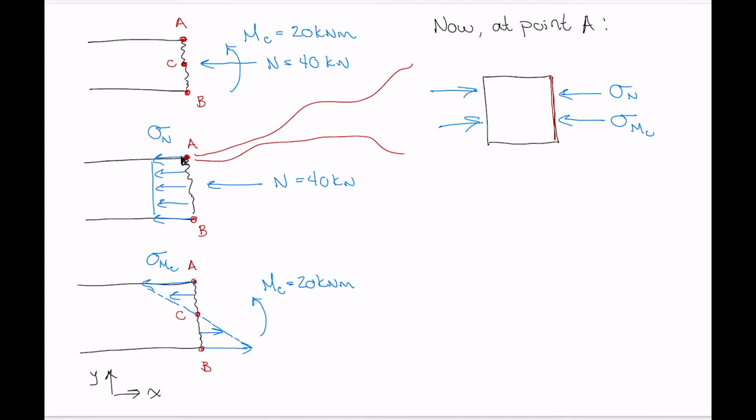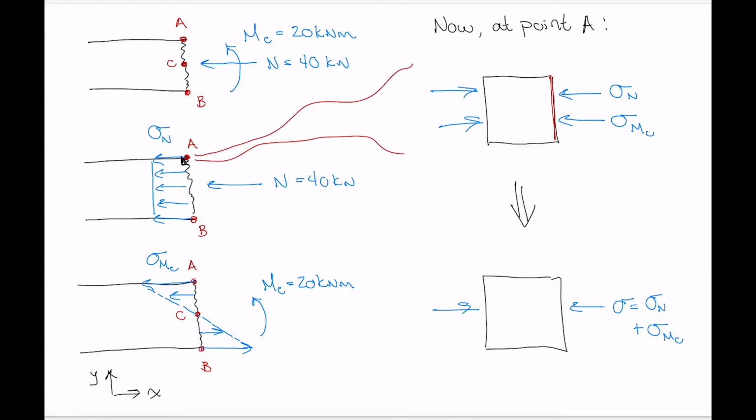So what we can do is redraw the element of material at point A, combining those stresses together. So here we've got sigma equals sigma subscript n plus sigma subscript mc.